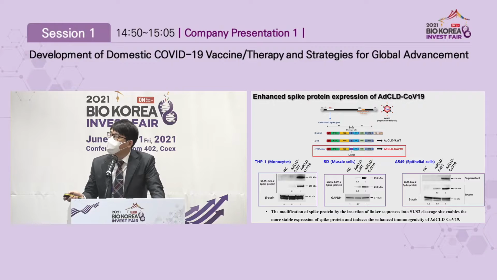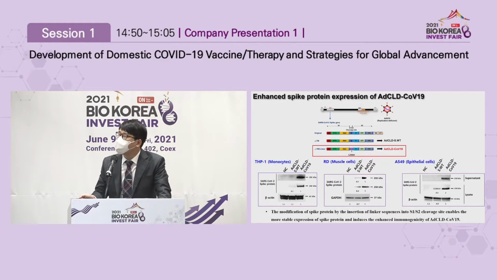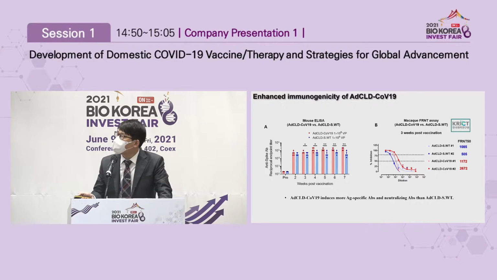On top of that, we make use of spike protein expression, and we have our unique antigen. We conducted some research, and thanks to our technology, when we made use of this antigen within the cell, compared to the wild antigen, we can effectively come up with antigen more successfully.